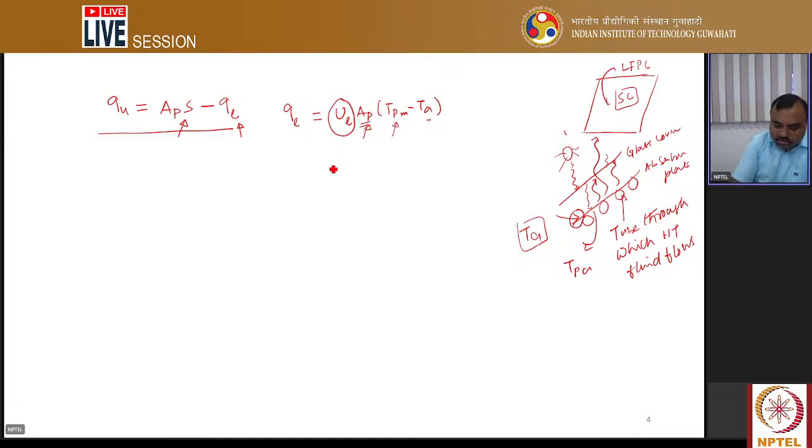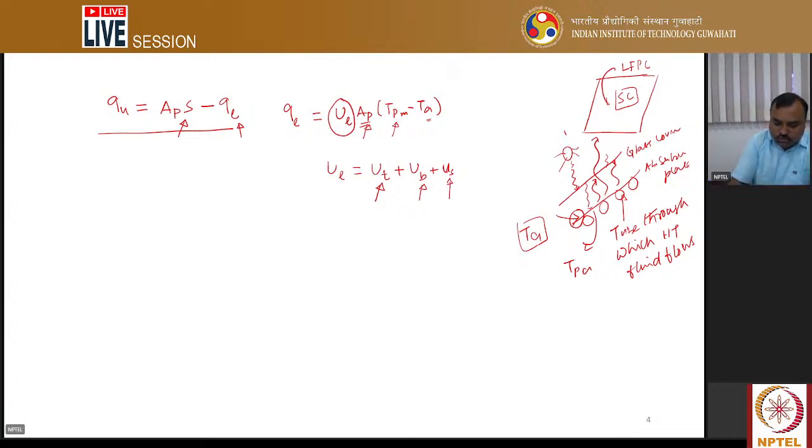So we can show that this UL is nothing but the sum of UT plus UB plus US. Okay. So UT is the top loss coefficient, UB the bottom loss coefficient, and US the side loss coefficient, right? So how can we make it?